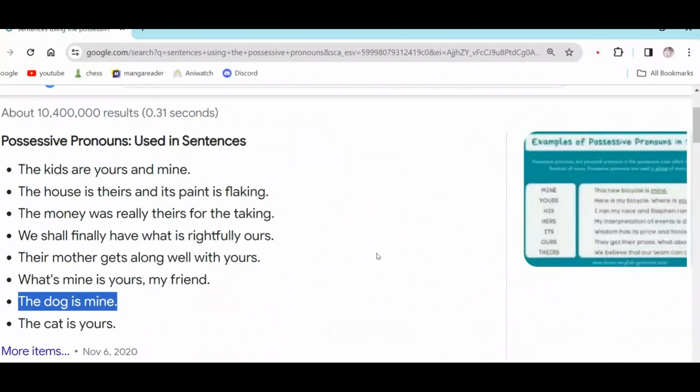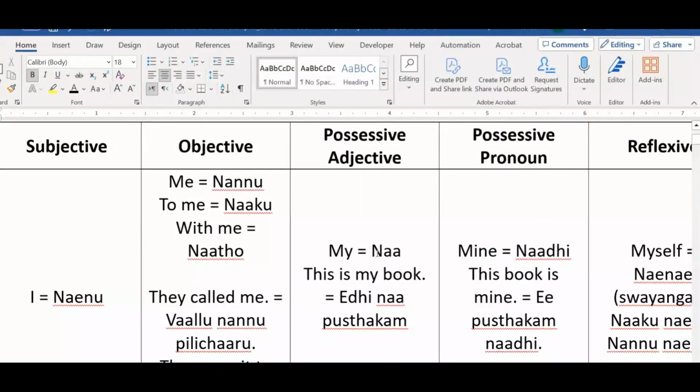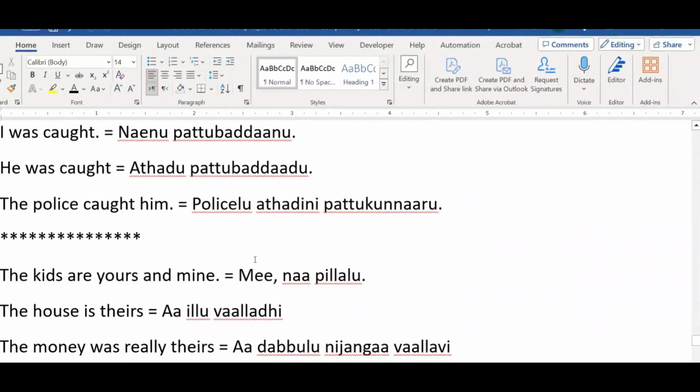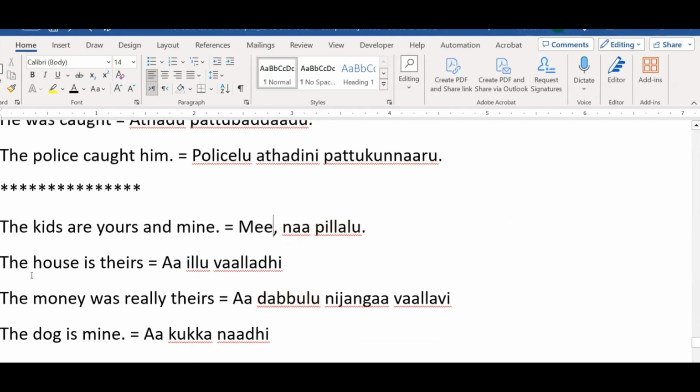Based on the sentence, if it is mine, Mee naa pillalu. In this context the style doesn't fit, so let's keep the same. The house is theirs. ఆ ఇల్లు వాళ్ళది.